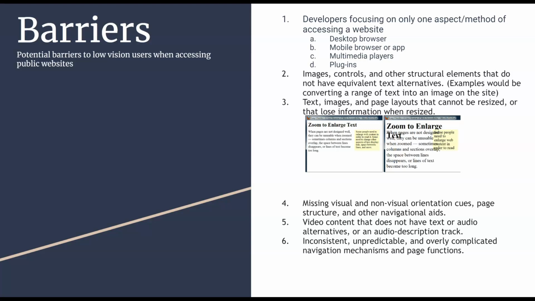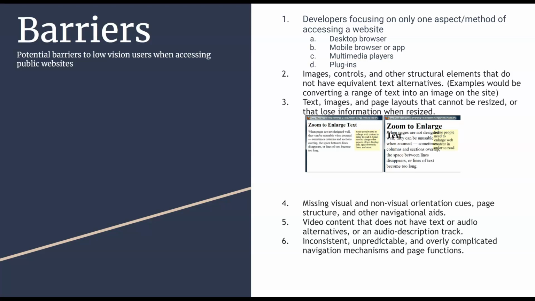Another barrier would be text, images, and page layouts that cannot be resized or that lose information when resized. As you see on the left, standard web page type, look, and feel, and when it's zoomed, it may overlap, cause issues, lines of text become too large.